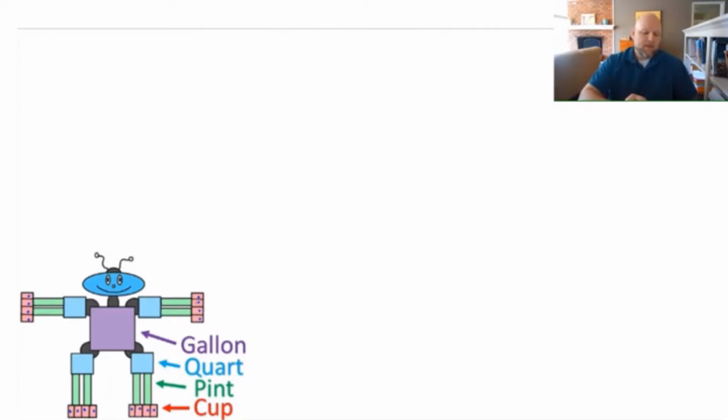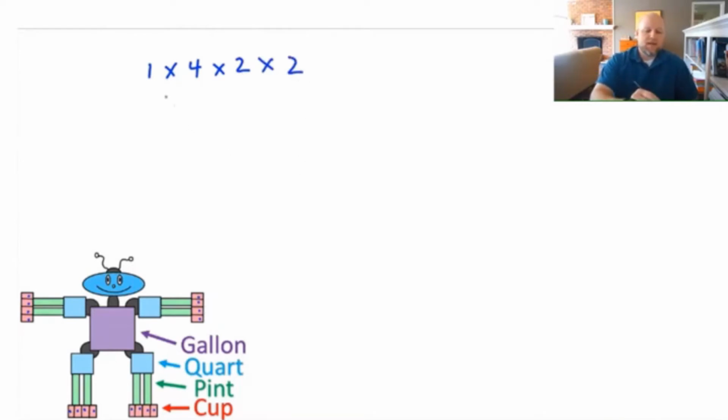So if we have 1 gallon, we multiply that by the amount of quarts we have, which is 4, and we multiply that by the amount of pints each quart has, which is 2, and the amount of cups that each pint has, which is 2.